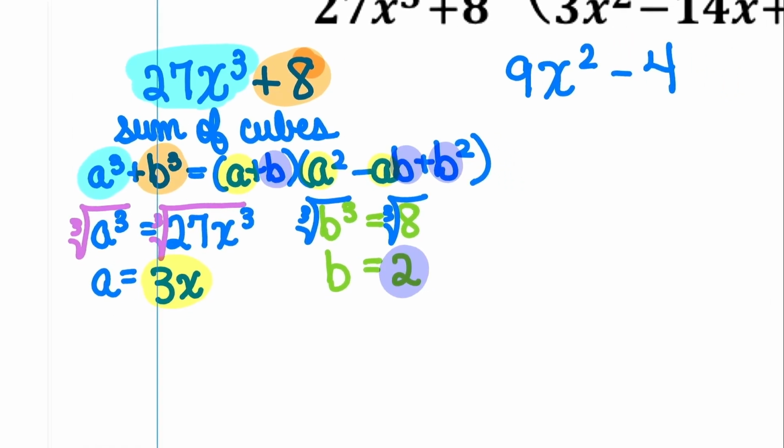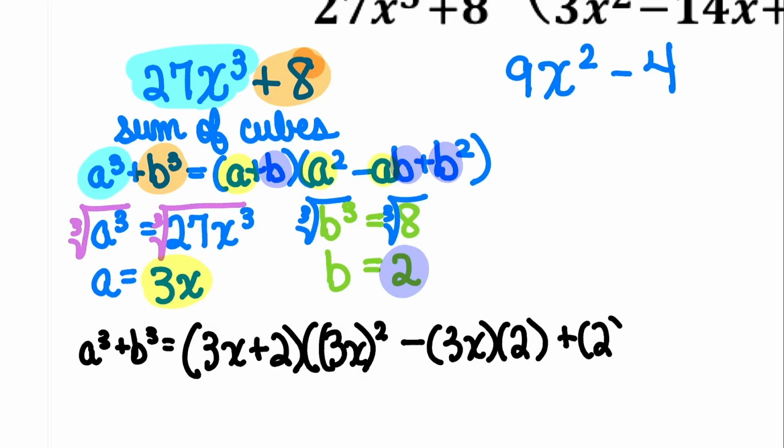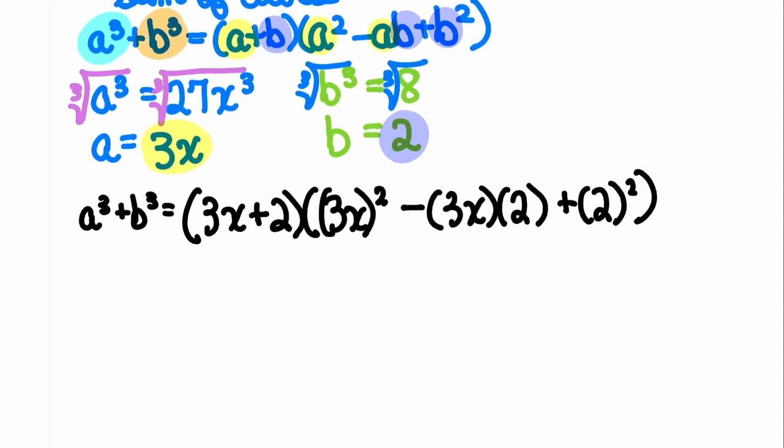Now that we've established that, let's go ahead and rewrite this. So this is going to be, we're going to replace a with 3x, and we're going to replace our b with 2. You'll notice that I put parentheses around every term I plugged in. I did that on purpose because sometimes we have negative numbers, and it's definitely helpful to keep them separated.